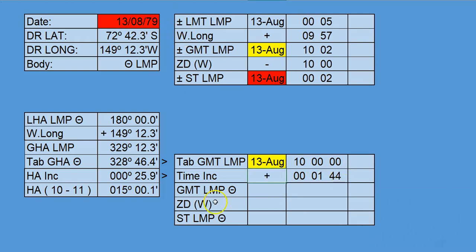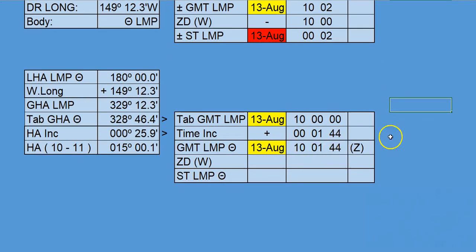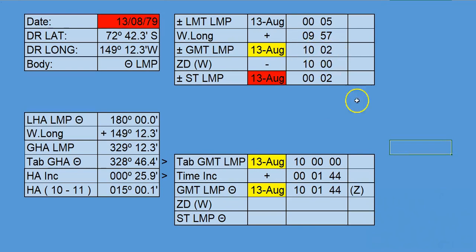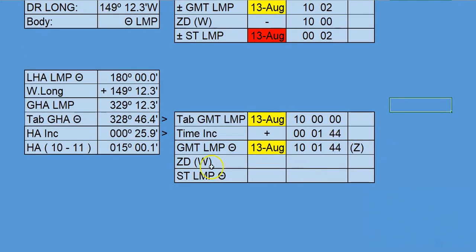This of course has to be added in order to find the actual GMT, which will be on August 13th, 10:01:44, and now we can call that Zulu, time zone Zulu. So 10:01:44 versus 10:02, that's fairly close, so that also gives us an indication that what we did up here was in fact correct. Now the last thing we need to do is find the ship's time for that lower meridian passage.